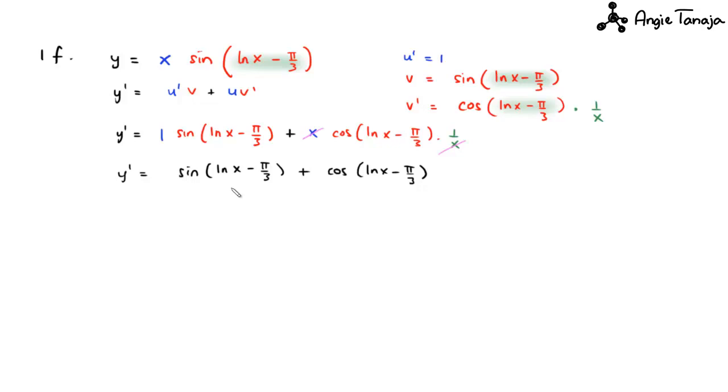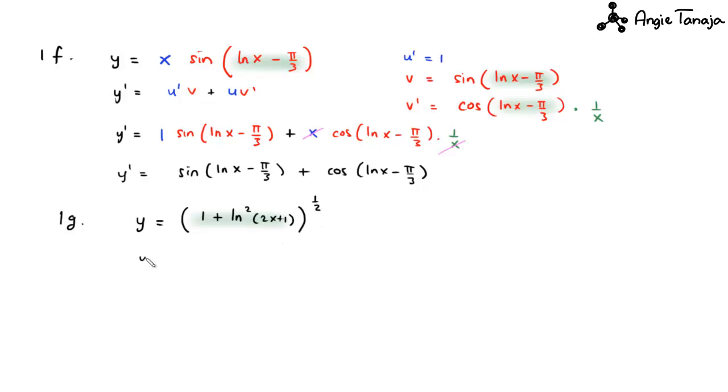Let's take a look at 1g. We have y equals something, and the something is 1 plus ln square 2x plus 1 to the power of half.